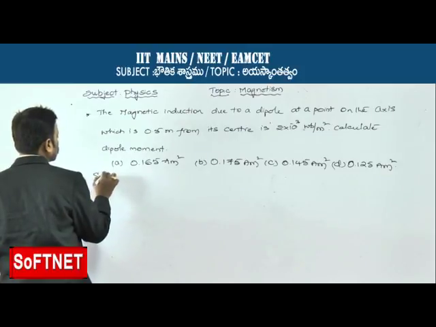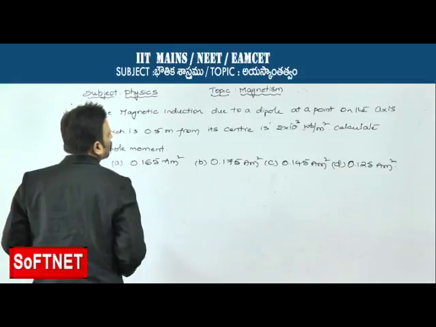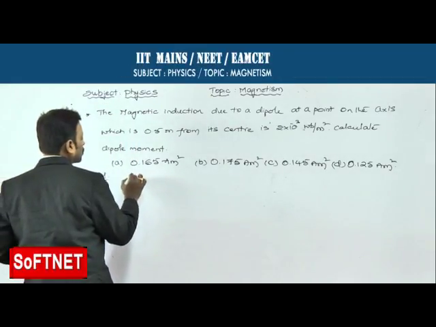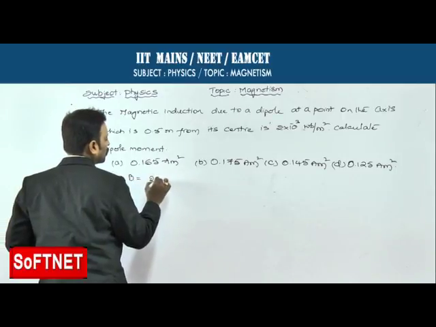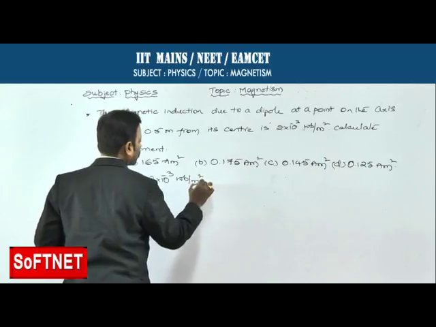So, according to the data, the magnetic induction B is given as 2 10 power minus 3 Weber per meter square.